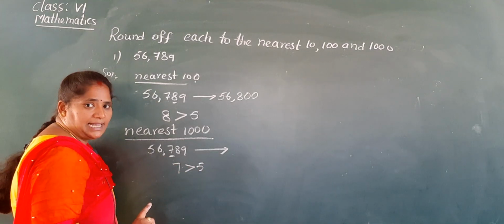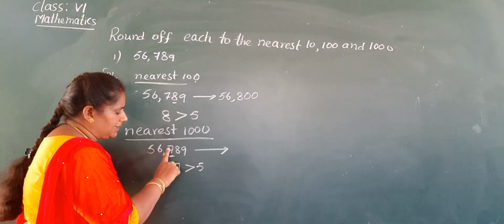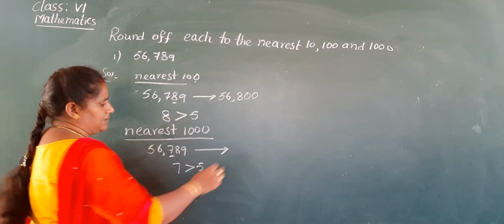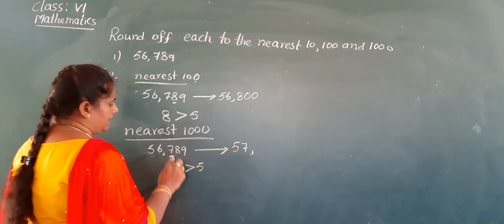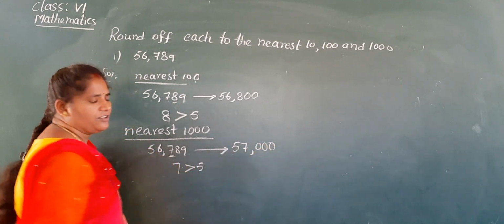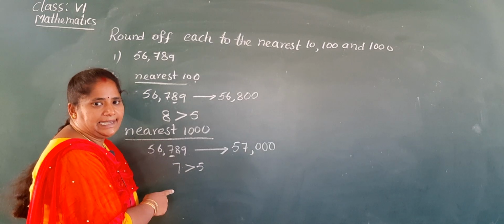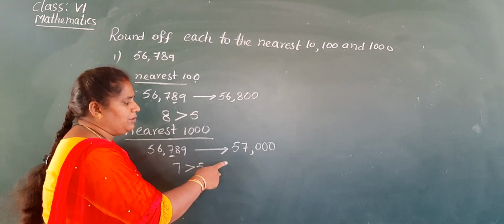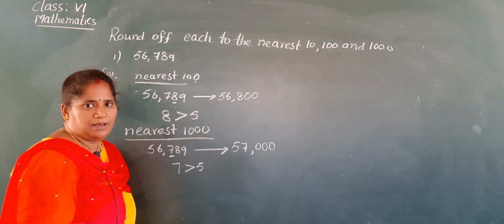Greater than means add 1 to the thousands place and keep zeros in the hundreds, tens and ones. So 56, 6 plus 1 is 7, and keep zeros in the hundreds, tens, ones. Finish. So 56,789 is rounded to 57,000. Okay? Is it clear to you?